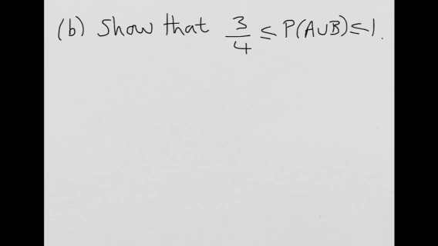Okay, so part B of question 4 is to show that the probability, not of A intersect B, but this time that the probability of A union B satisfies the bounds shown here.